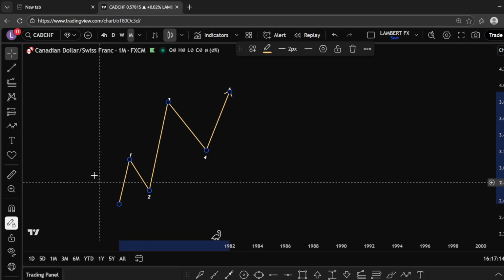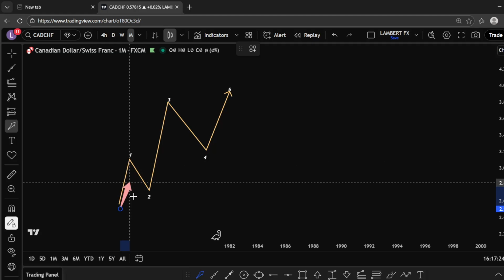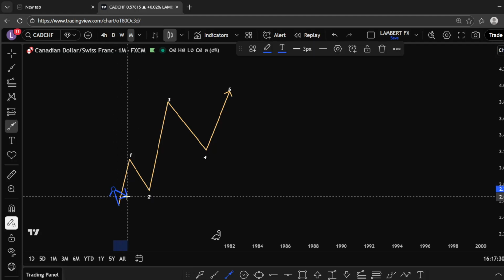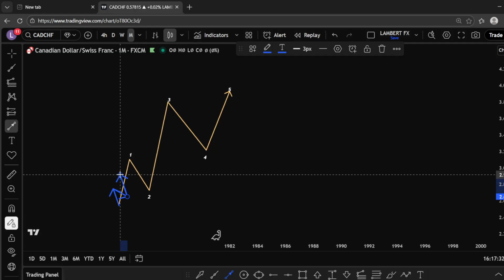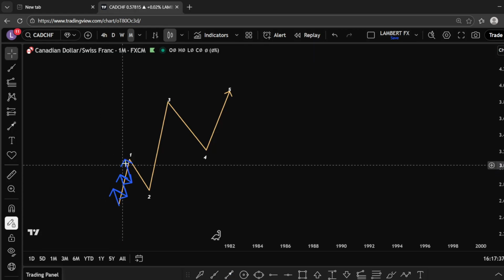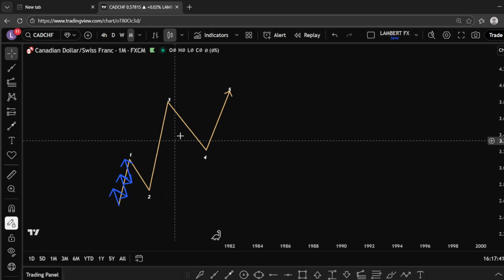Okay, so the other thing that he said was that this first leg here, this impulsive leg, on the lower time frame should also possess 5 legs. Yeah, should also have 5 moves to the upside, just like we have here.